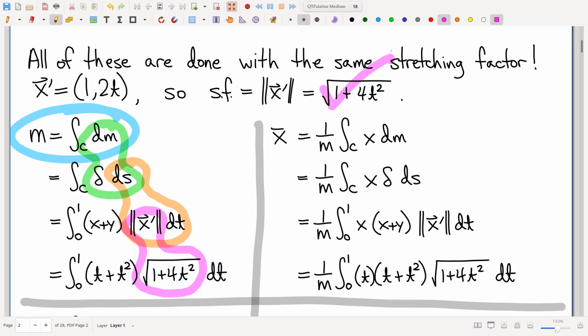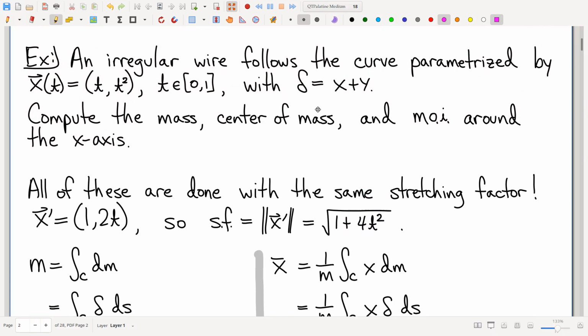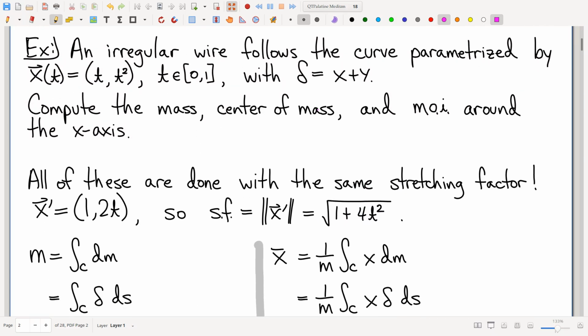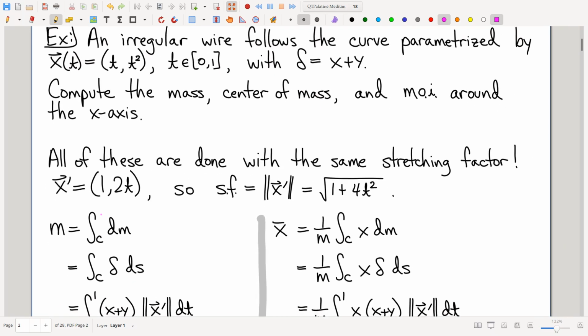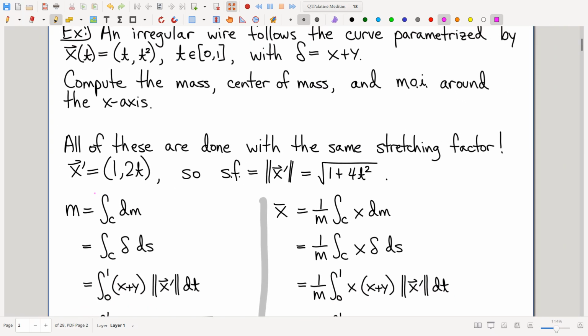All right, so there's one remaining detail, and that is what in the world do I do with the x and the y here? The x and the y are kind of sitting there. How do I deal with that? Easy thing to lose track of, easy thing to forget. But the parameterization being basically the change of variables function that we're using here, the parameterization is literally telling us x and y.